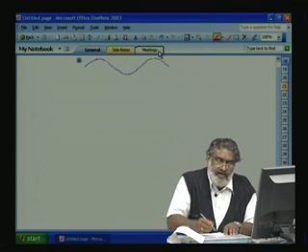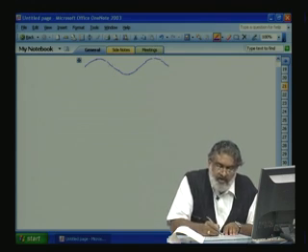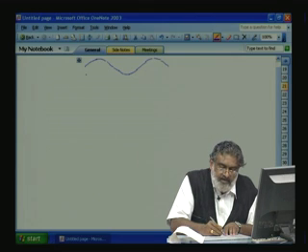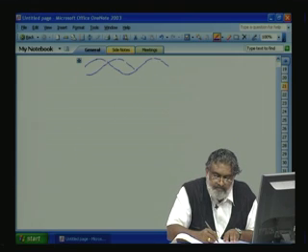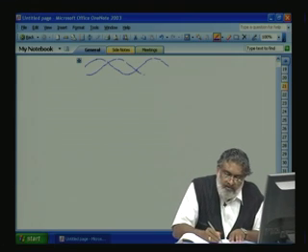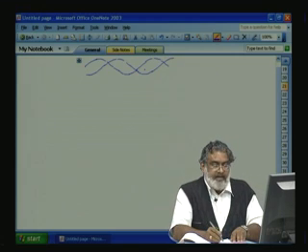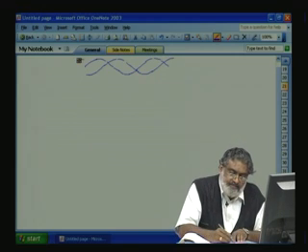Now, VB is 120 degree phase shifted, this is EB, then this is our EC.